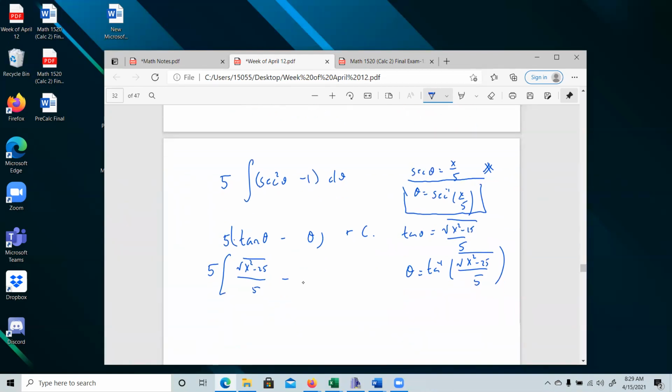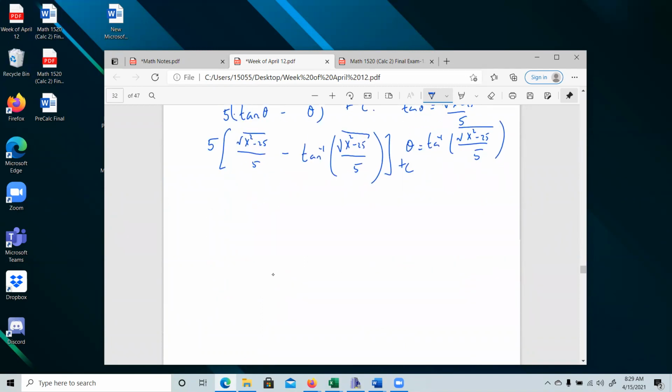So we have tangent inverse, that's my theta, times x squared minus 25 all over 5. And then we'll distribute our 5 through. So we have x squared minus 25 minus 5 tangent inverse of this.